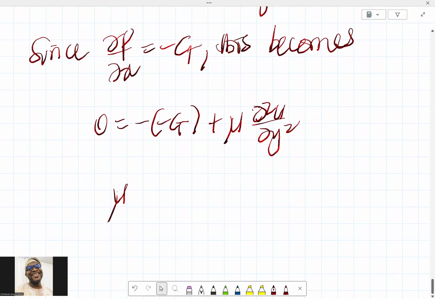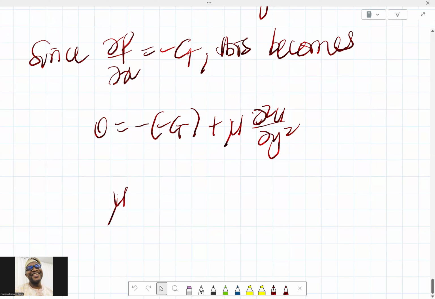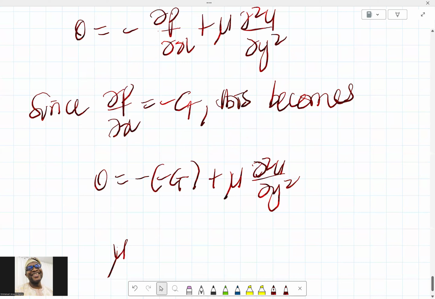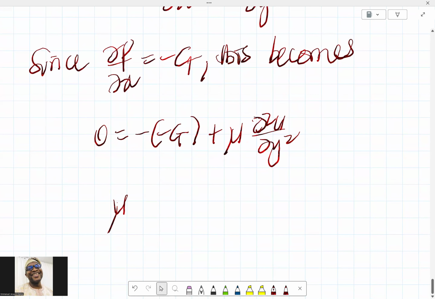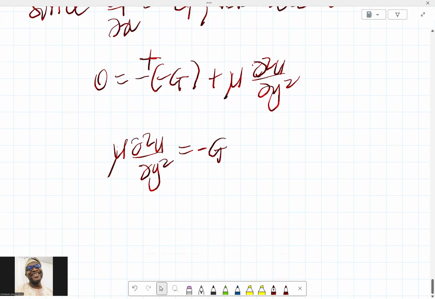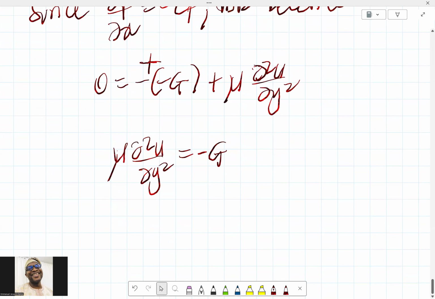So we have mu d squared u dy squared, and that has to be equal to minus G, because by the time we move G to the other side, it's going to be minus G.